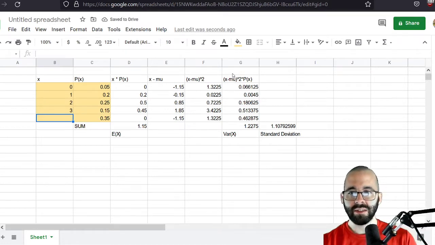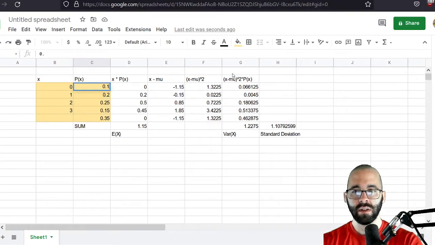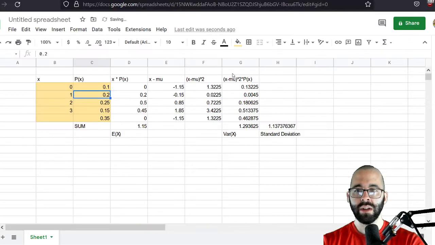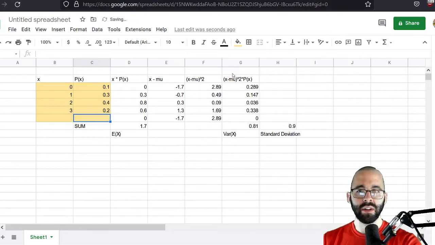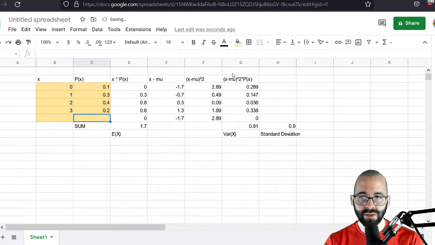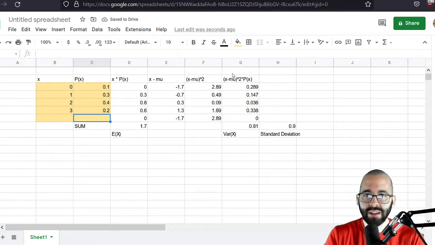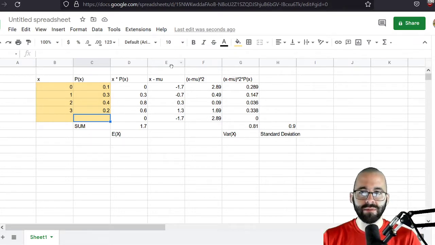What are the probabilities of each of those? 0.1, 0.3, 0.4, and 0.2. There's no probability for the last one. We're only dealing with 4 things, so make sure that we only have 4 things here.